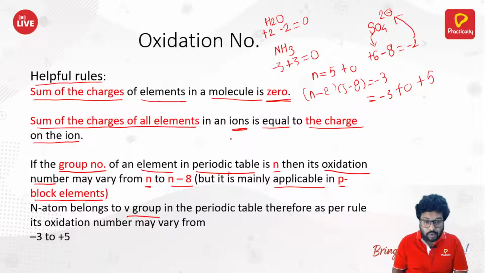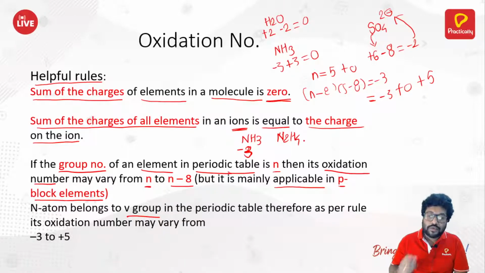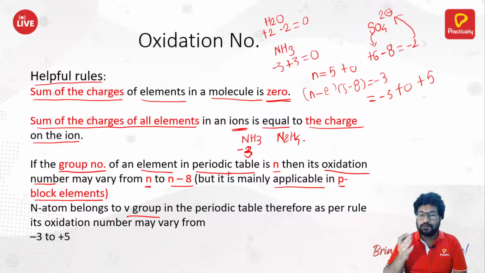Let me show you how. See, in NH3, nitrogen's oxidation state is, sorry, not minus 2, minus 3. It is minus 3 in ammonia. In N2H4, you have 4 hydrogen, no? So 4 hydrogen will have plus 4. So 2 nitrogen will have minus 4.